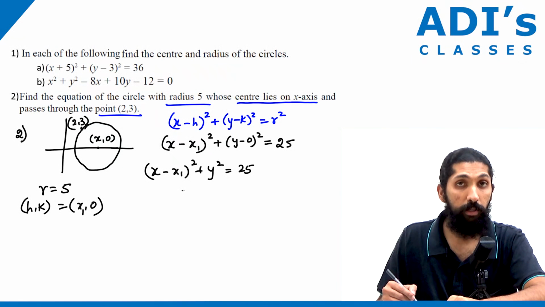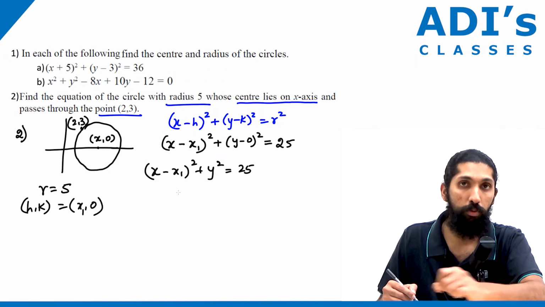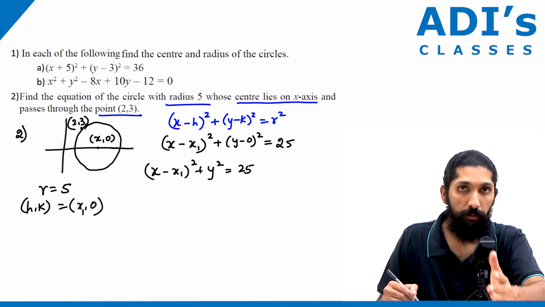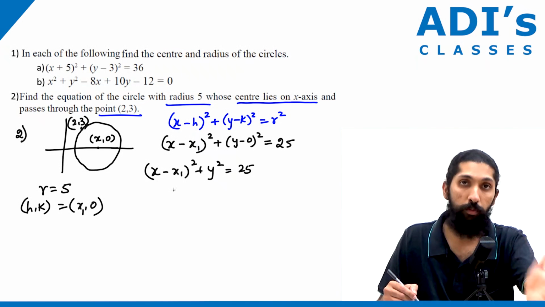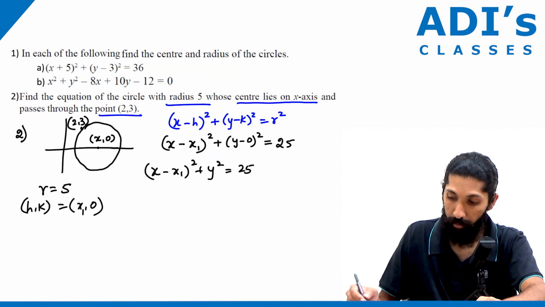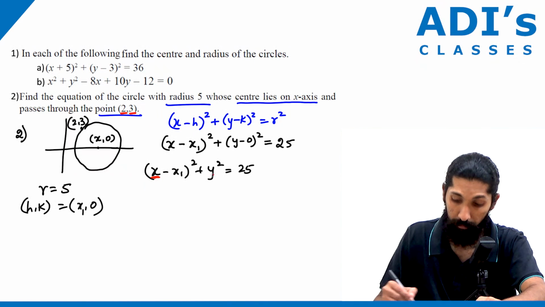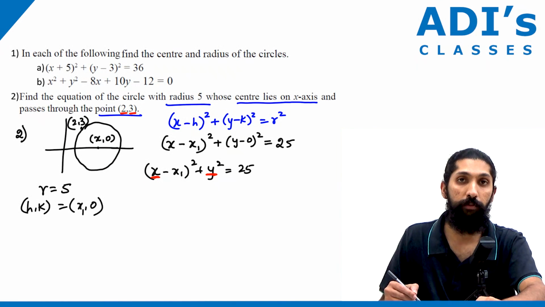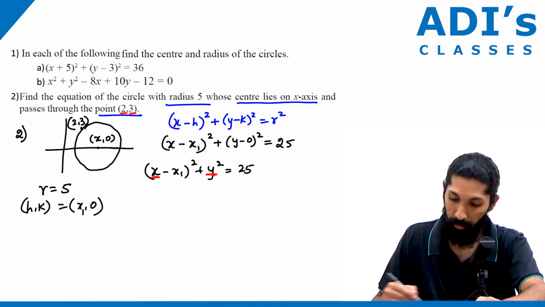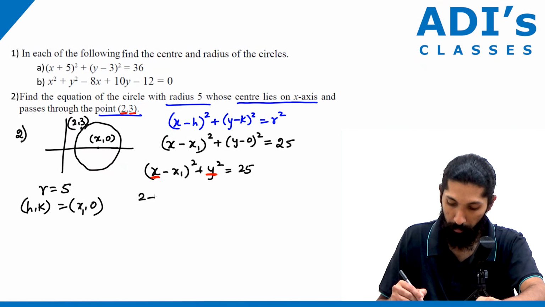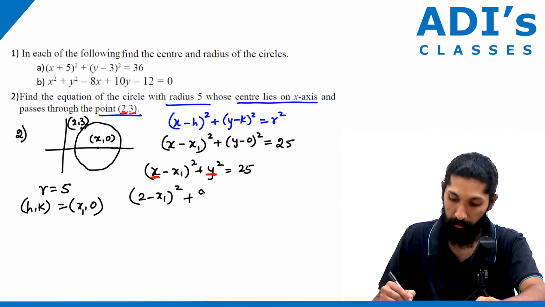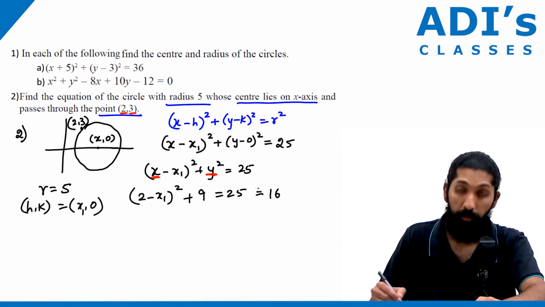Okay, now this equation we have. But they're also telling us that the circle is passing through 2 comma 3. So in place of x and y, we can substitute 2 and 3. If you do that, you'll get (2 minus x1) whole square plus 3 square, which is 9, is equal to 25, which basically gives us 16, because 25 minus 9 is 16.